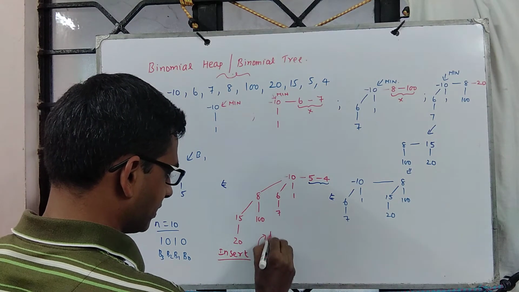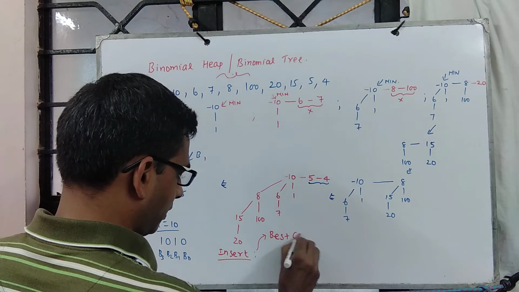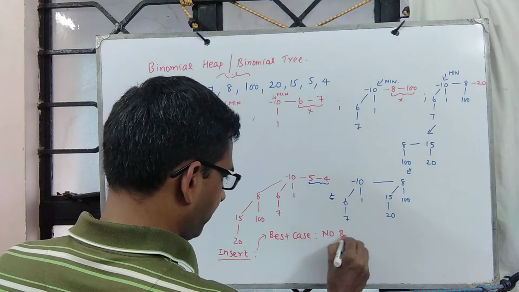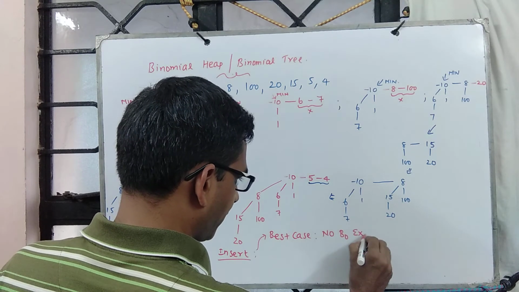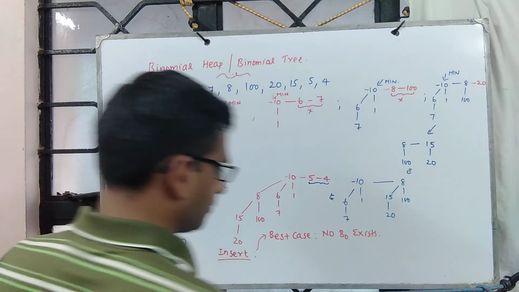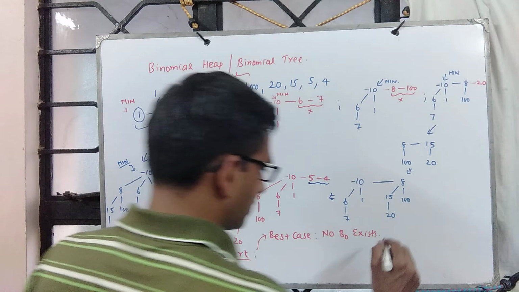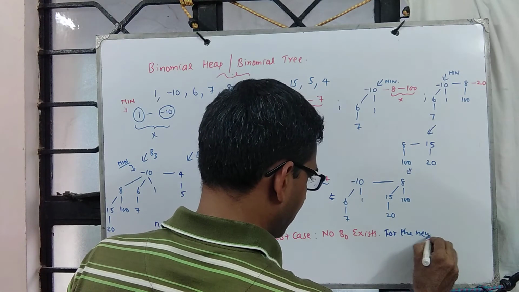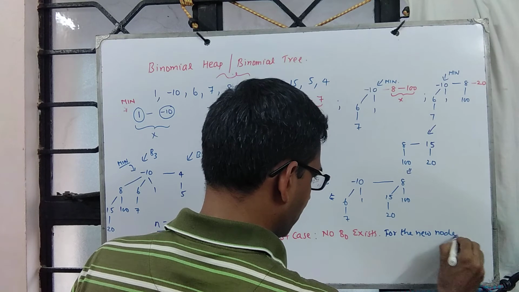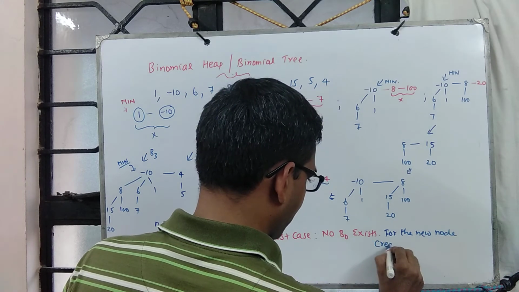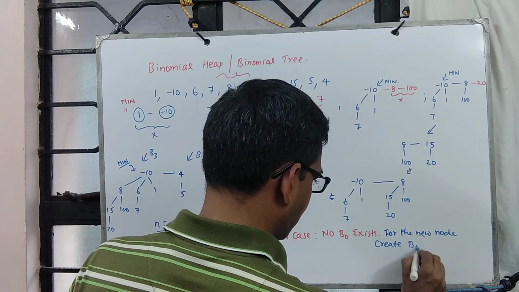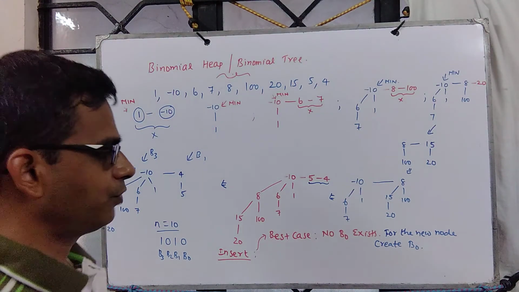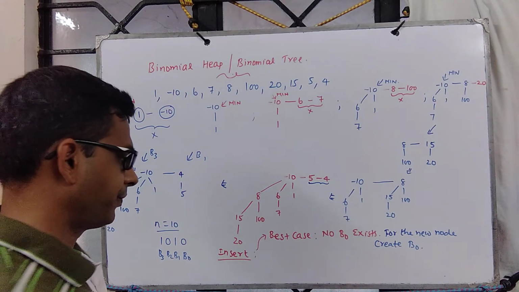Best case is no B0 exists. So for the new node, simply create a copy of B0. That's all we have done, and no further merge and so on.